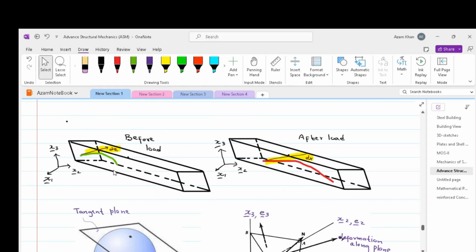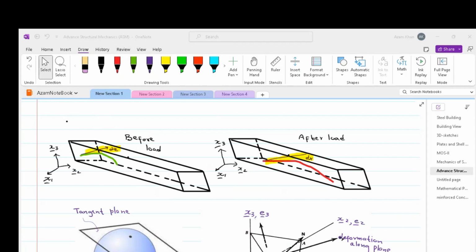We assume a body that is made up of infinite fibers. We take one fiber, which is in green color, when the body is in the unloaded state. After loading, the green fiber turns into a red fiber due to extension and shear deviation.